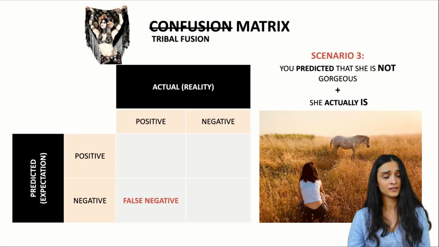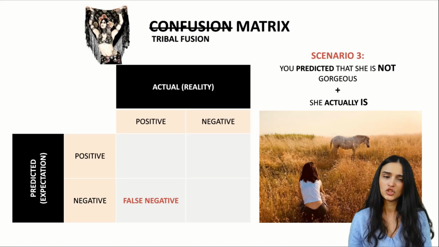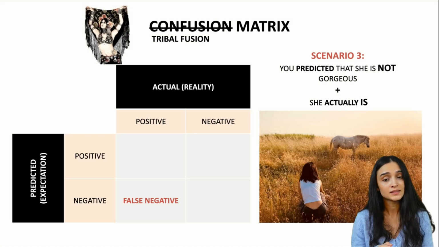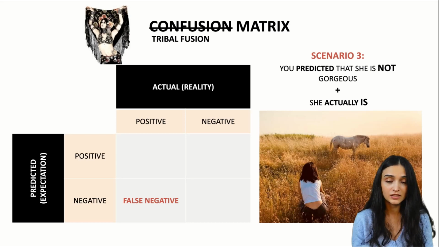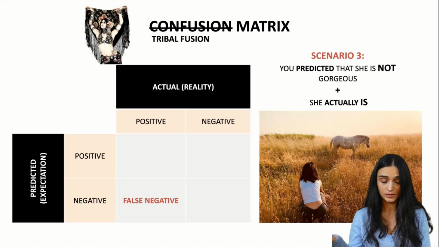A third scenario where we could use to explain tribal fusion would be that you thought, look at that hair, that's not gonna be like a gorgeous girl, and you said no, she's not gorgeous, and when you check the reality, actually she is, which gives you a false negative, which means your negative prediction was actually false.